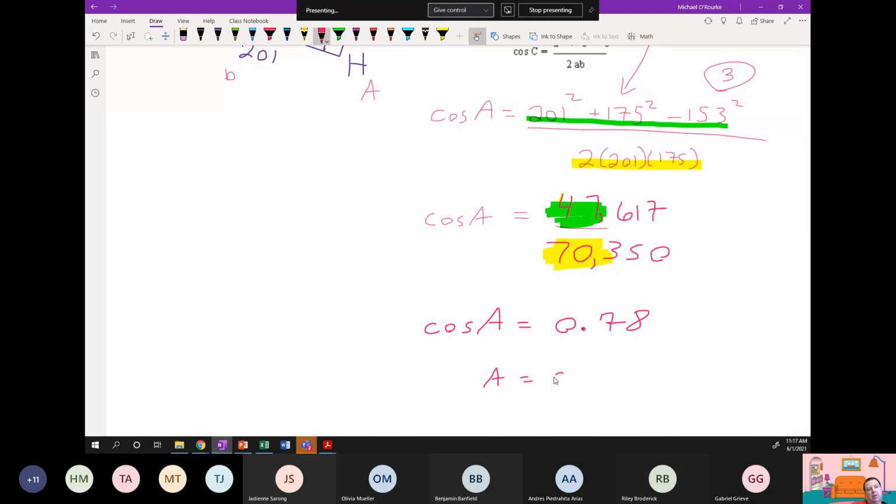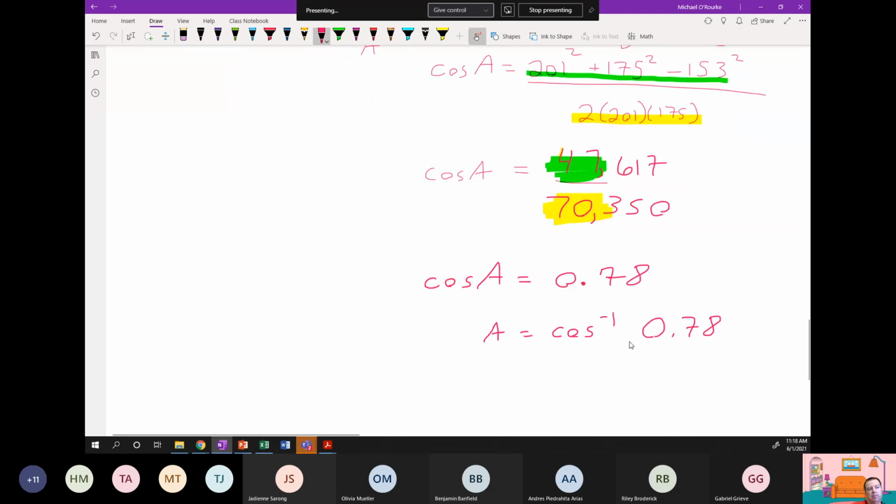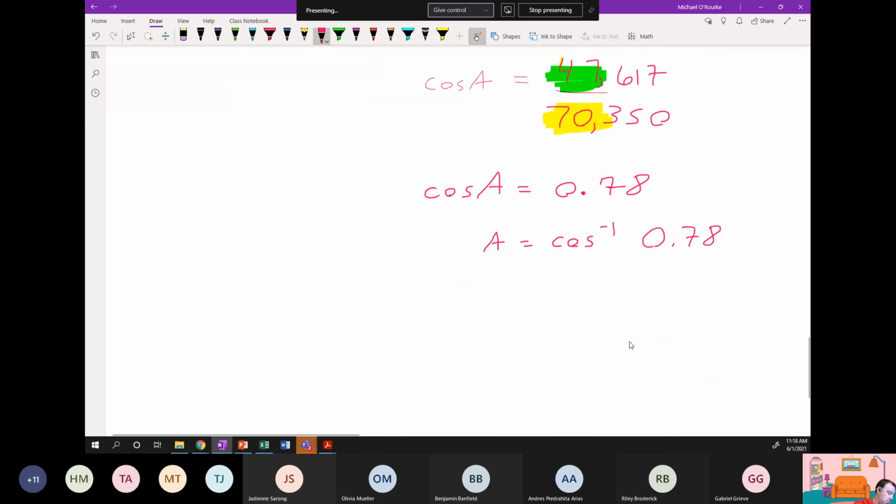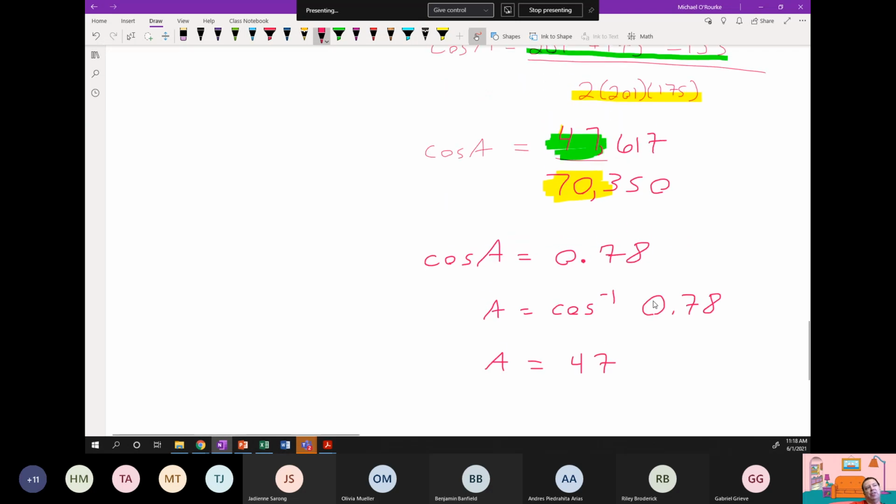Then our last step is to go cos⁻¹ of this number here, which gives us around 47. Put an H in chat if you need help with any step of this.